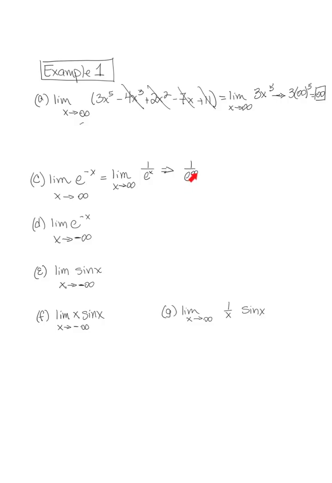So 2 point something to the infinity power is a really large number, isn't it? So this is really 1 over a very large number. Now, remember what I said to you yesterday: if the larger number is on the bottom and we have a limit as x approaches infinity, wouldn't that mean that it goes to 0?